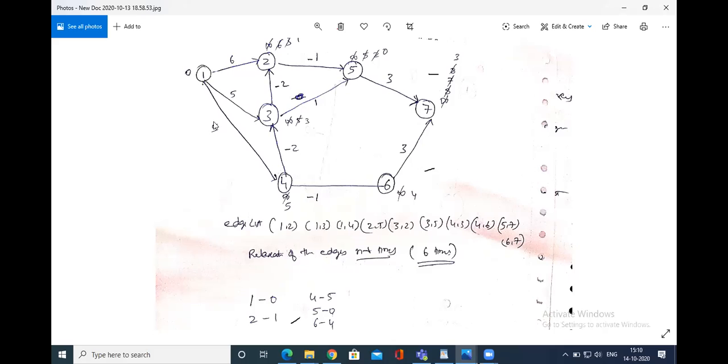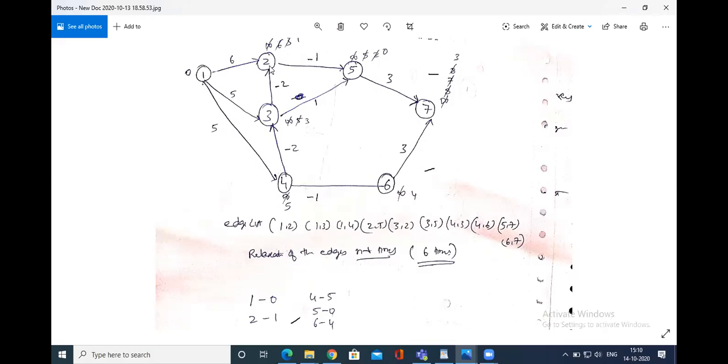These are all the costs between u and v: 5, 5, 6, minus 1, 3, 3, minus 2. So all are going to be relaxed from infinity. For example, for the first relaxation, take edge 1 to 2. What is d of u? d of u is 0.